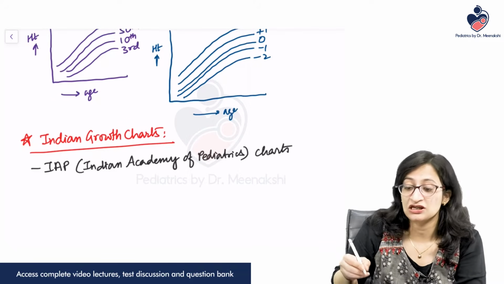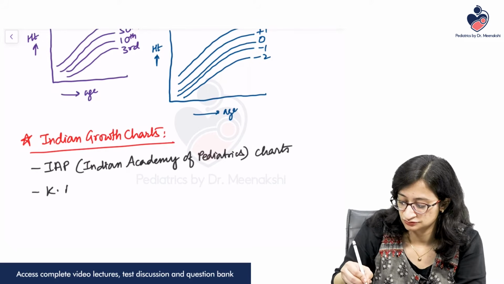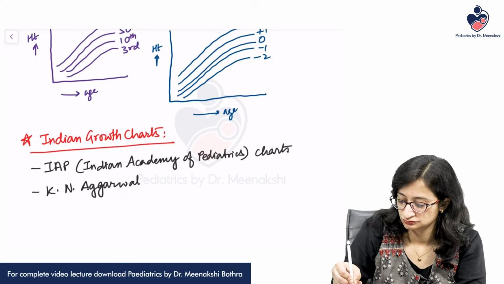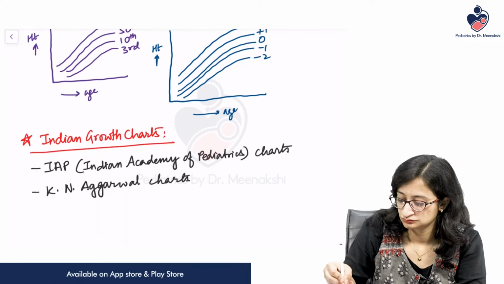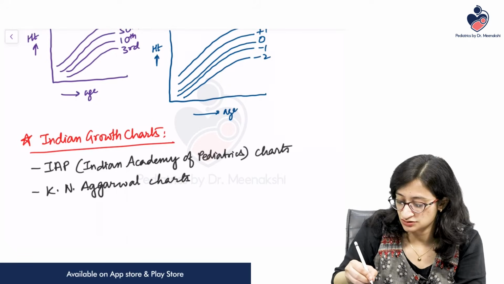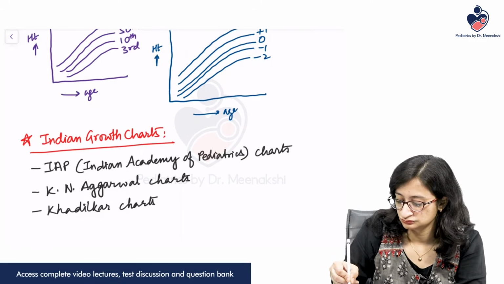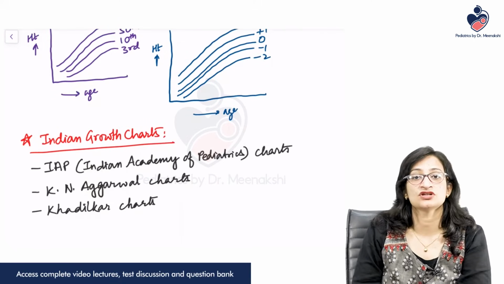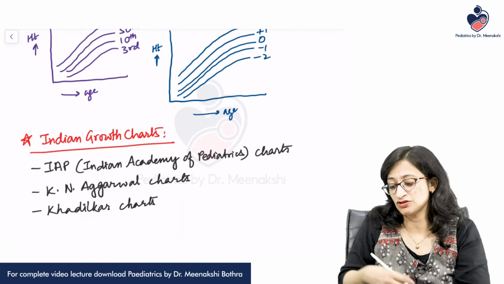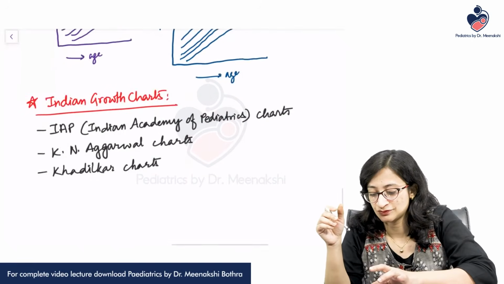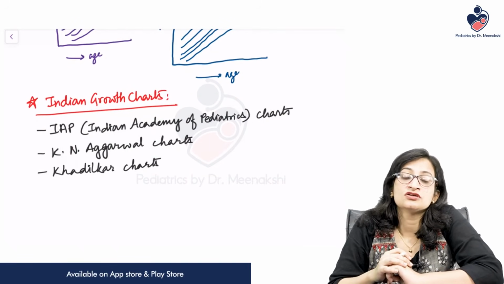Then there are some K.N. Agarwal charts. Khadilkar growth charts. So these are examples of some of the Indian growth charts that can be used. Okay. So that is about the growth charts.